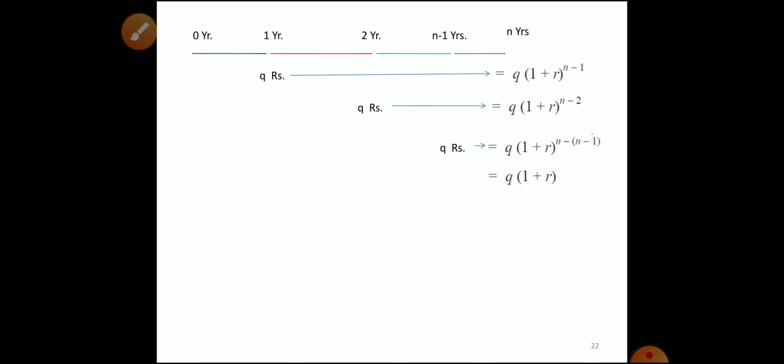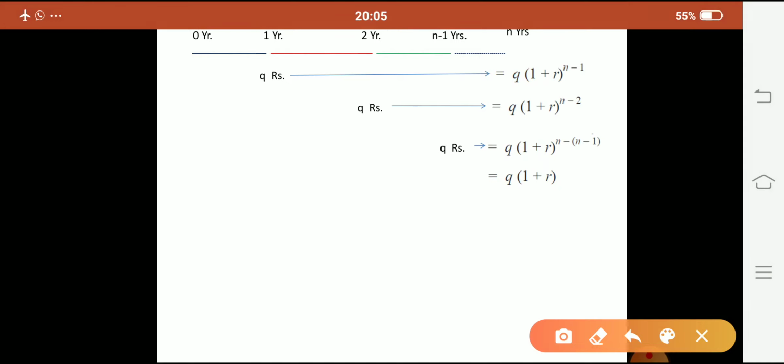So when we deposited the Q rupees at the end of first year, how much interest can we earn, for how long will this Q rupees be invested? For the first year, means 0 to 1 year, there is no interest, we cannot earn the interest, but for the rest of the year, means n minus 1 years, we can earn the interest on it.